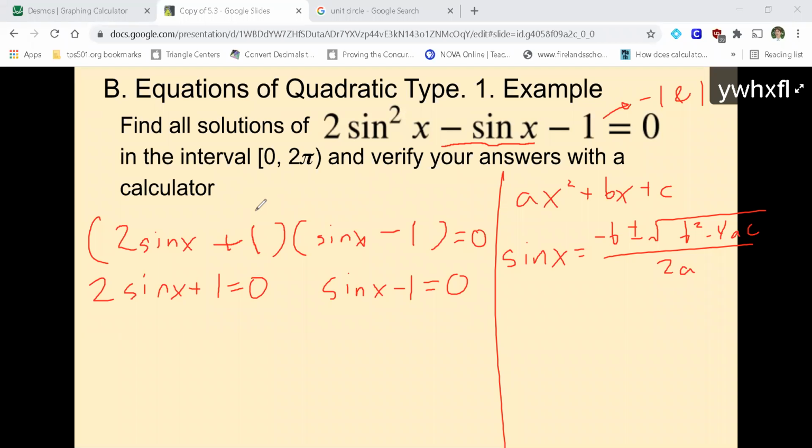So over here, that'd be -1 divided by 2. Take the inverse.